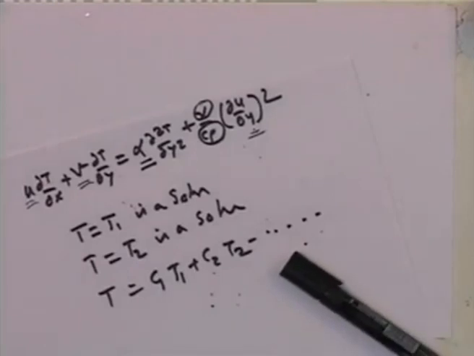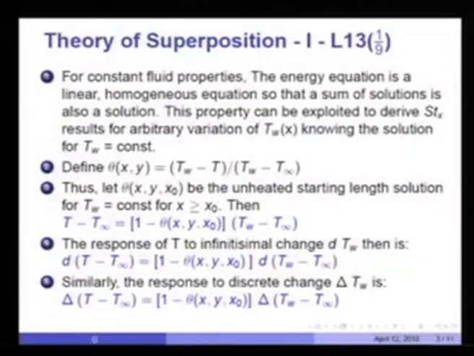This property of a linear equation is exploited to derive Stanton x results for arbitrary variation of Tw(x), knowing the solution for Tw equal to constant. So, to do that, we shall define theta(x, y) equal to (Tw minus T) over (Tw minus T infinity), as we had done before.